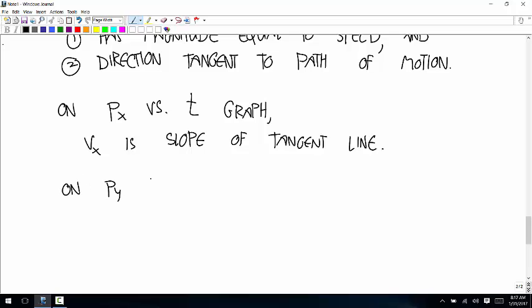On the py versus time graph, Vy is the slope of the tangent line.